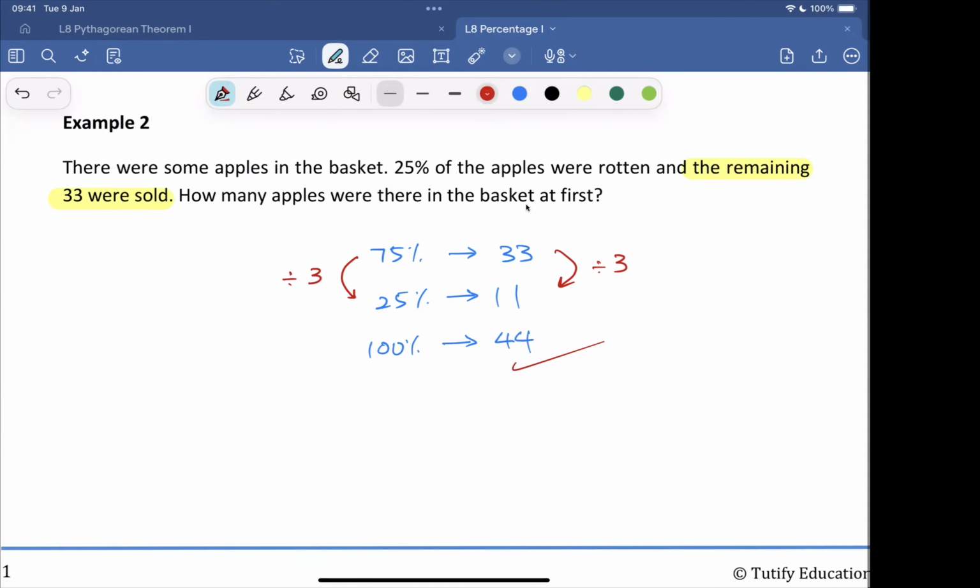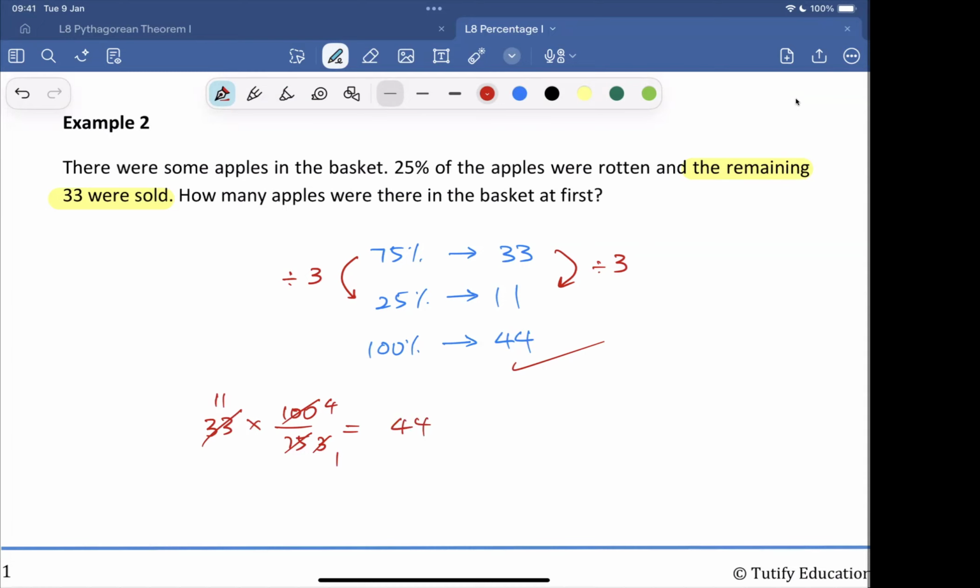Well done. I did another method. I use cross cancellation. So I do 75% equals 33, then 100%, 33 times 100 divided by 75. You're not wrong. 33 times 100 divided by 75. Let's simplify this, 4 over 3, then you simplify this. 11 times 4 is 44.